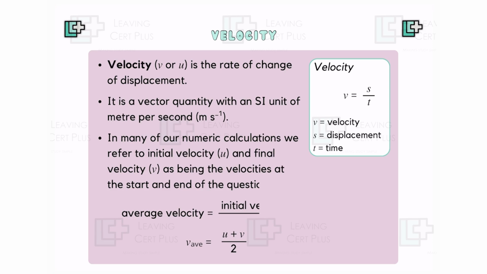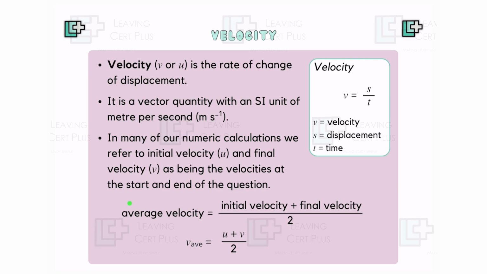And let's add that in many of our calculations, we have to deal with starting velocities and ending velocities. So we're going to refer to initial velocity always using letter U, and we're going to refer to final velocity using letter V. The initial velocity happens at the start of the motion of an object, and the final velocity V occurs at the end of the motion of the object.